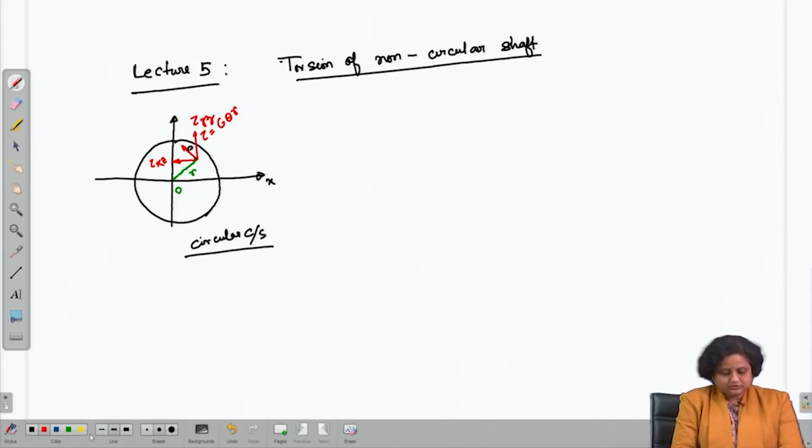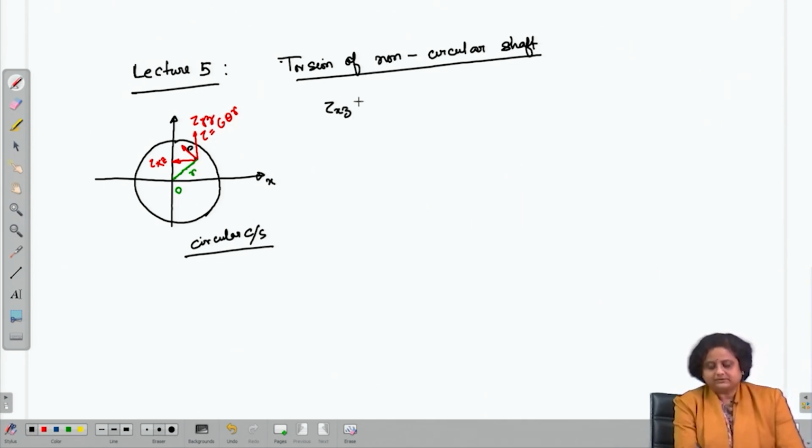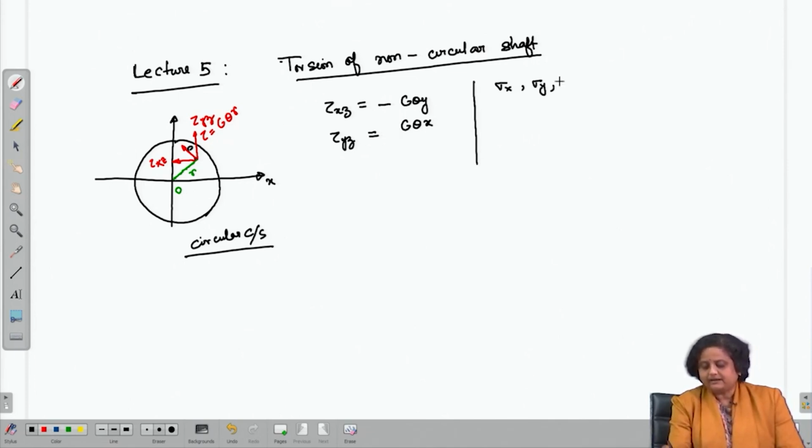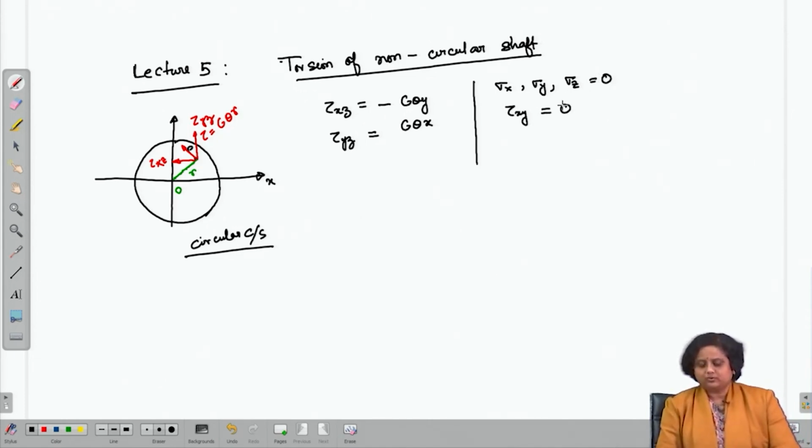We had also seen that the expression for tau xz was minus G theta into y, and the expression for tau yz was G into theta into x. All other stress components, that is sigma x, sigma y and sigma z, were equal to 0, and the other shear stress component, tau xy, was also equal to 0.